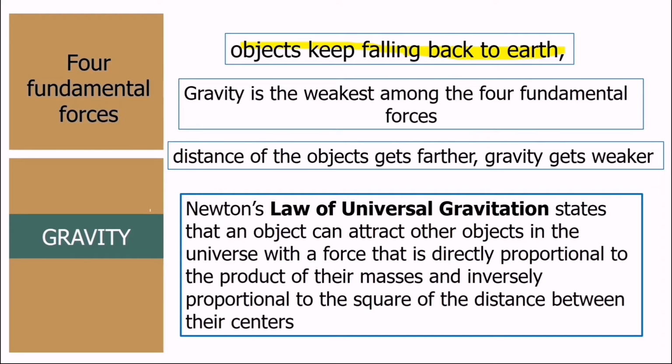Pero kung gamay atong planet, gamay pod ang force, dili na ma-feel. So gravitational force has an unlimited range. As long as naay mass ang object, naay gravitational force. Kaya ang gravity mag-differ siya kung unsa kadako ang mass sa object, ang size sa object.